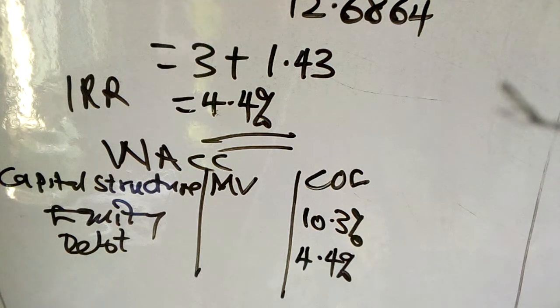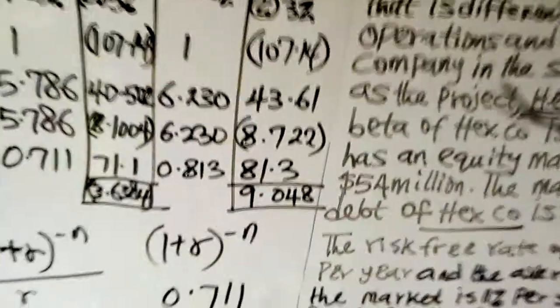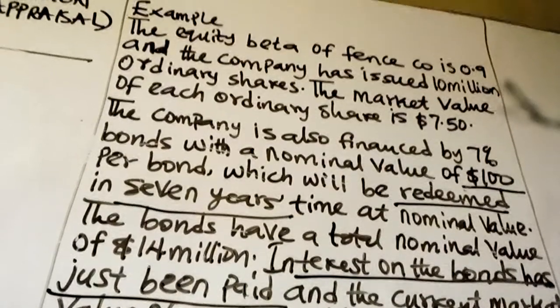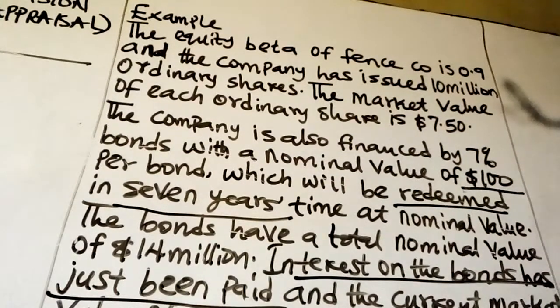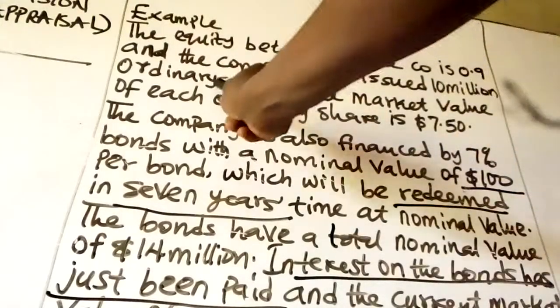Now, having calculated our cost of equity and cost of debt, you want to calculate the total market value of the firm. So the total market value of FENCO, back to the question. How many ordinary shares does FENCO have? The company has 10 million ordinary shares.